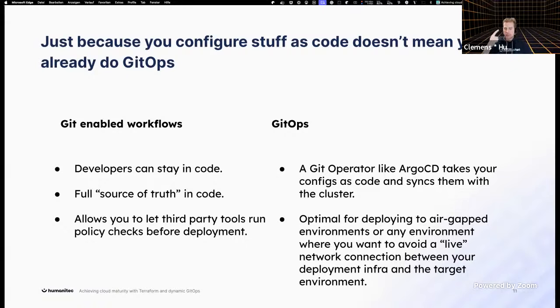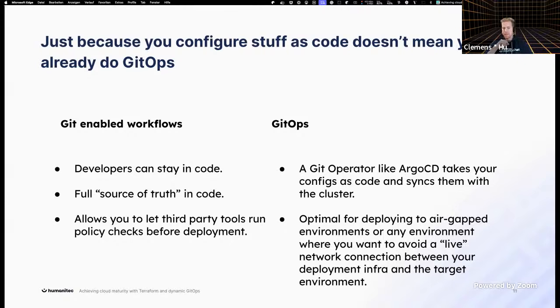And it allows you to let third-party tools run policy checks before deployment, which is great as well, because you not only have a system of record for your changes, you also have the ability to apply any kind of testing, standardization, compliancy, security checking before making a change a reality.